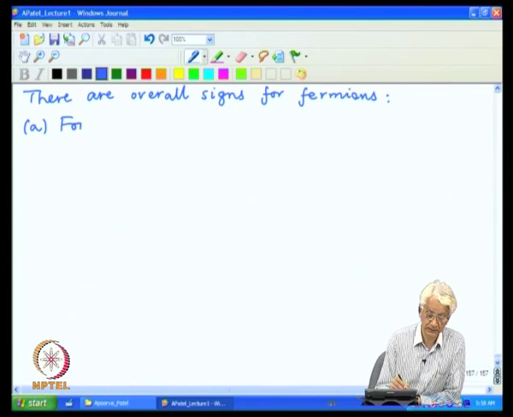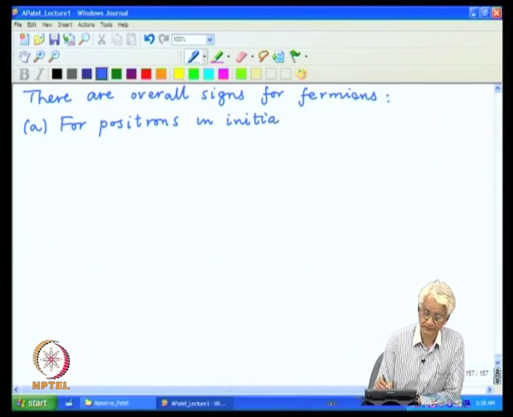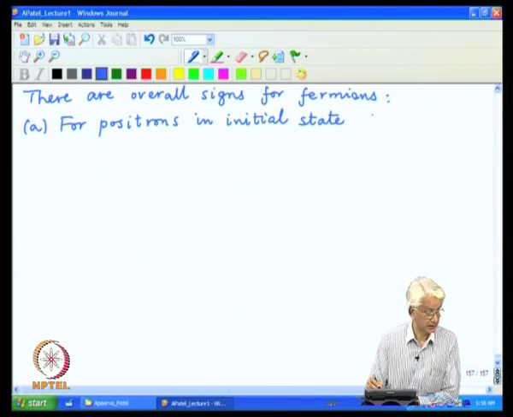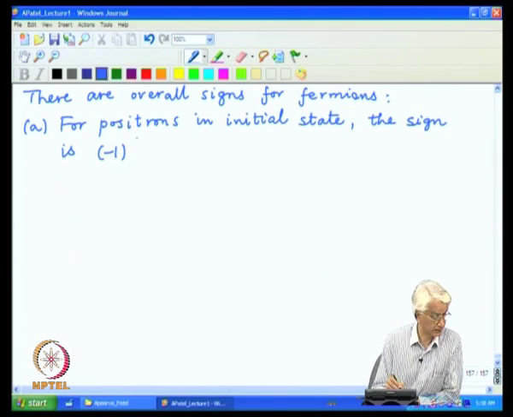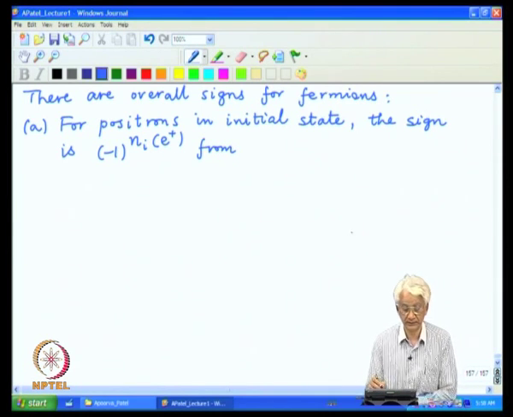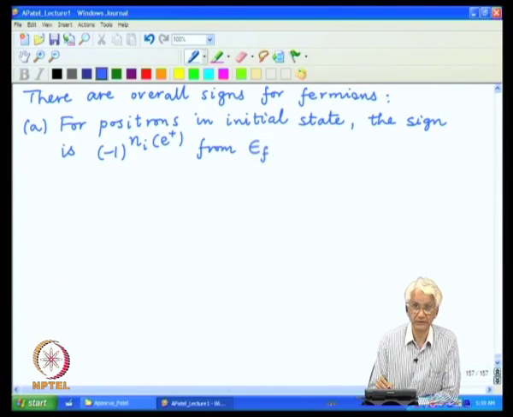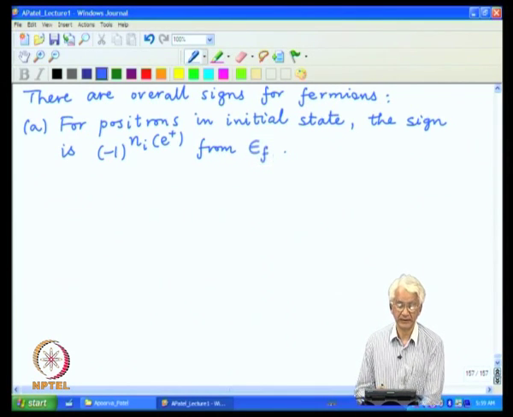One is that for positrons in the initial state, the sign is minus 1 raised to the power of the number of positrons, and this arises from the various rules we have used to define the wave functions for the free Dirac particles, and in particular there was an epsilon r which defined the sign of the energy of the solution, whether it was positive or negative.